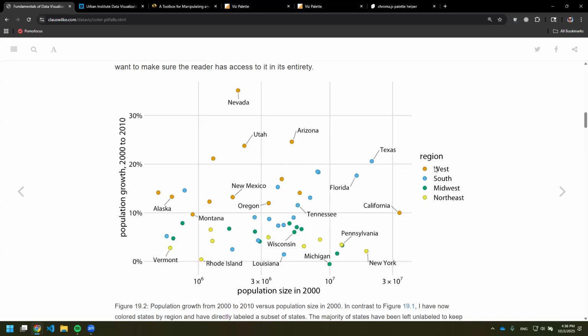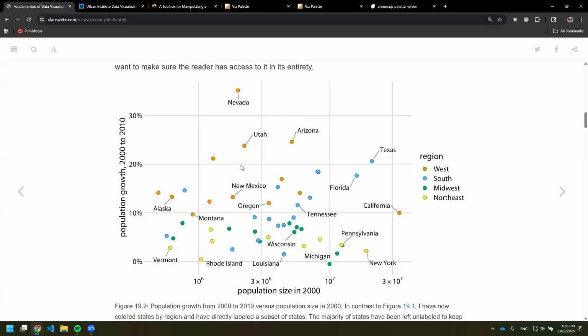You can see here, like we went from having 50 colors to having only 4. But so that you can know which states are which, some of them are annotated. And now I don't remember if the author went into how one would want to go about annotating these things, and I guess a lot would depend on what story or stories you would want to tell about the states.